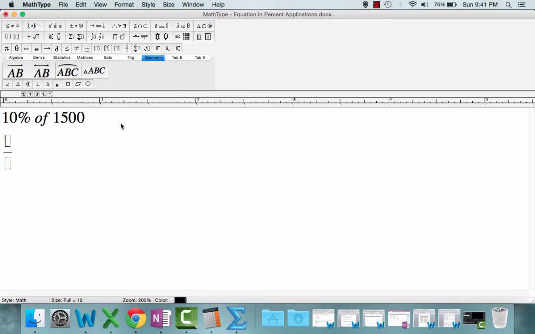So 10% is 10 out of 100, and of means times $1,500. So we can reduce 10 out of 100 to be 1/10.